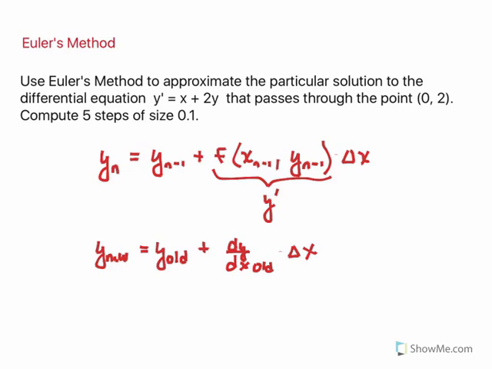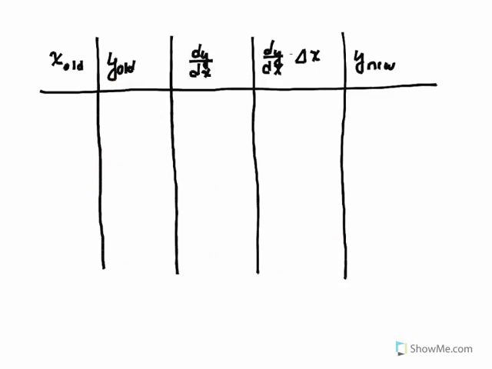So let's go ahead and get our table set up. The values that serve as our table headers really come right from that formula. In this case, we were told the initial condition of having the point (0, 2). So that is the point from which we're going to start. Remember what our derivative was. y prime is equal to x plus 2y.